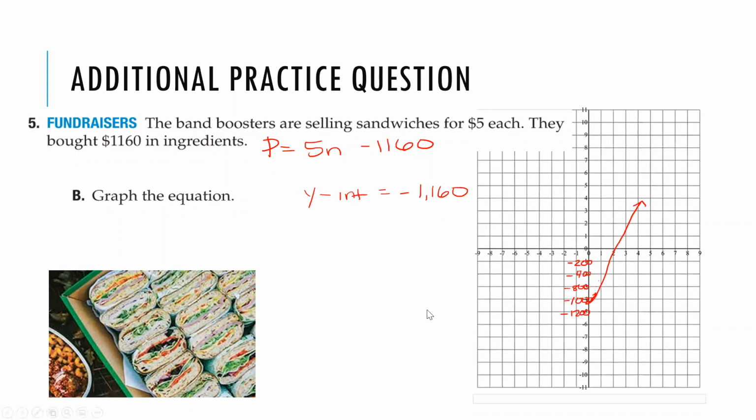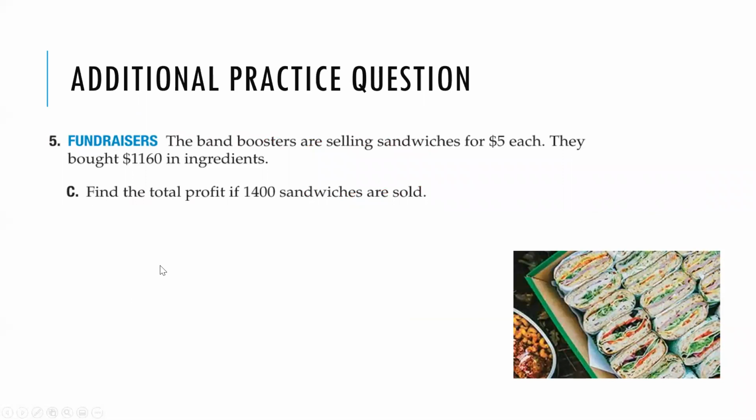And then part C says to find the total profit if 1,400 sandwiches are sold. So again, our equation was P equals 5n minus 1,160, and n is the number of sandwiches sold. So we're going to rewrite this with 1,400 in parentheses.